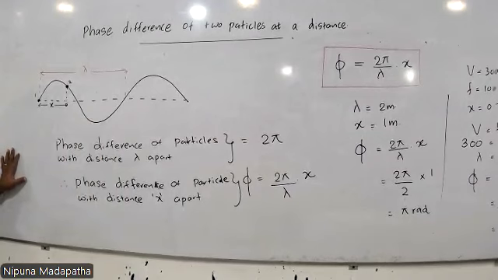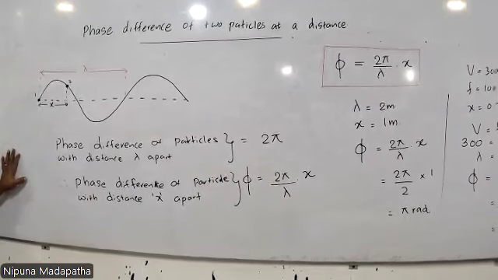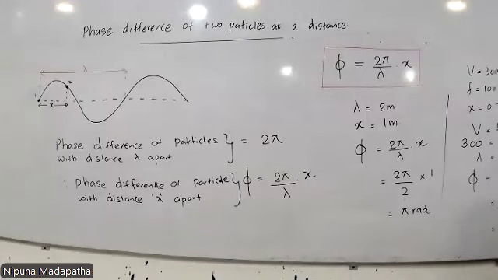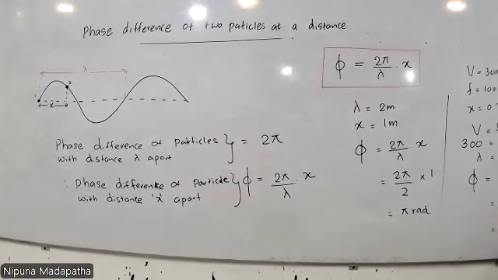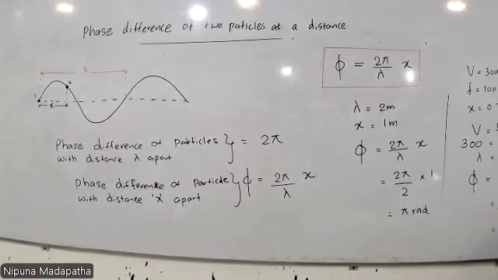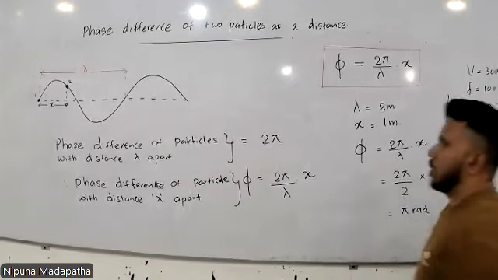Now we need to find out the phase difference of two particles which are at distance x apart.